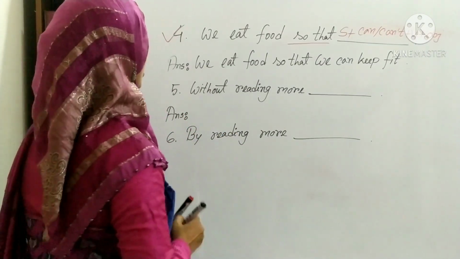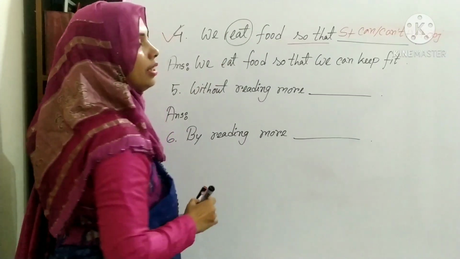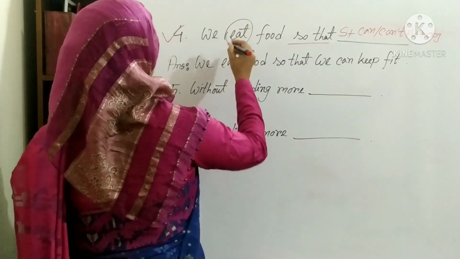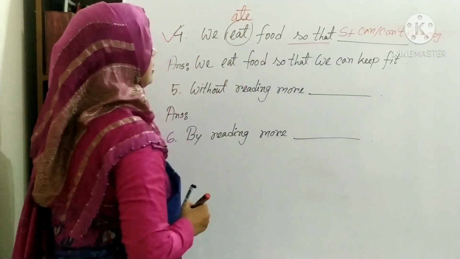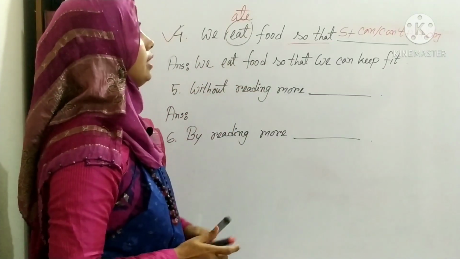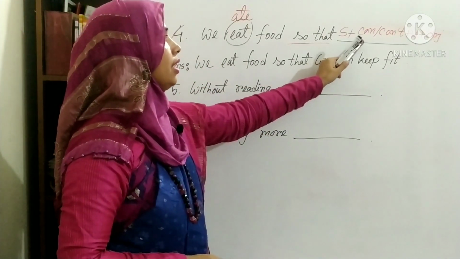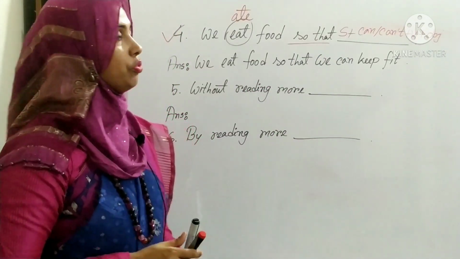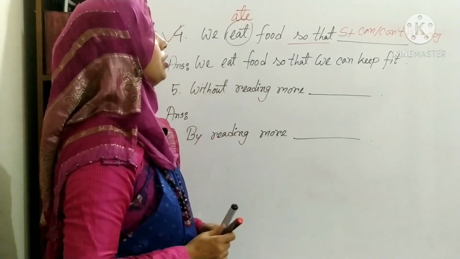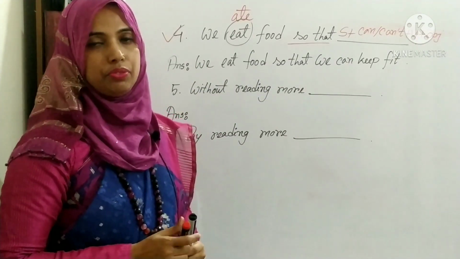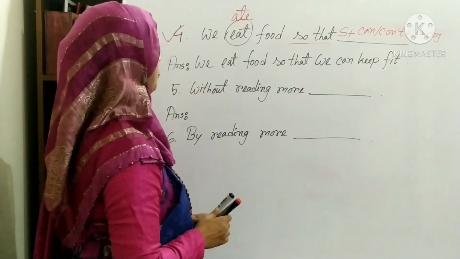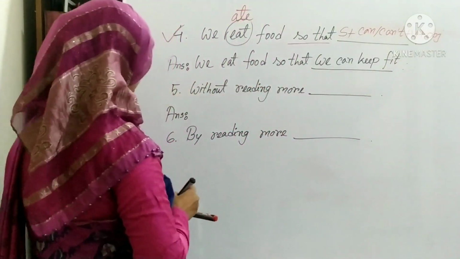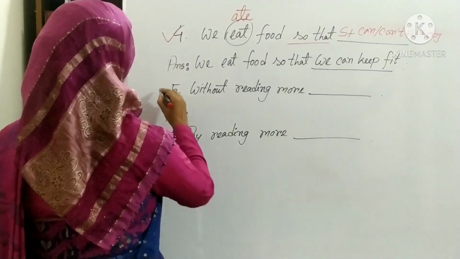But if you find the verb in past form, then what will you do? If you find the verb in past form, suppose we ate food so that, then you have to write the auxiliary verb can in past form. That means can will be could. We ate food so that we could keep fit. Okay. Now, and of course you have to underline the sentence. Now come to question number 5.